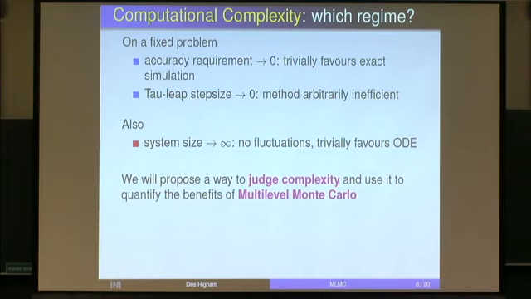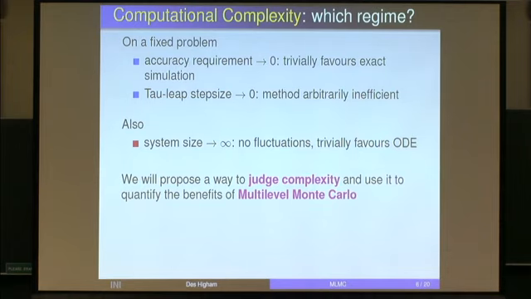Another way of saying that, at least in the tau leaping sense, is that if you discretize with Euler in this tau leaping way, if you let the tau leaping step size tend to 0 on a fixed problem, then eventually you'll be working harder than exact simulation.